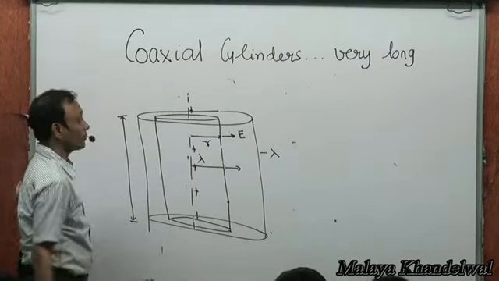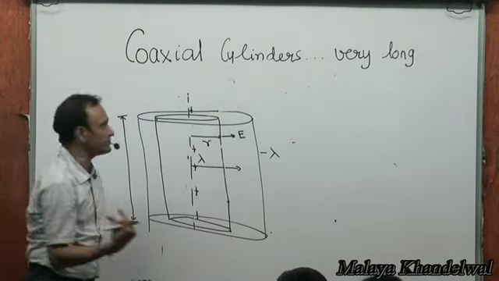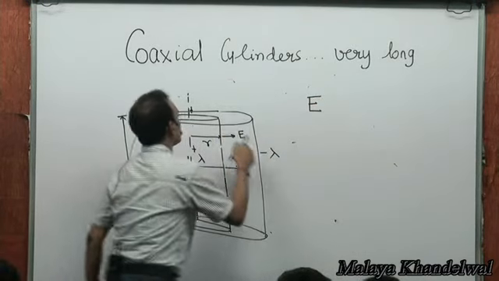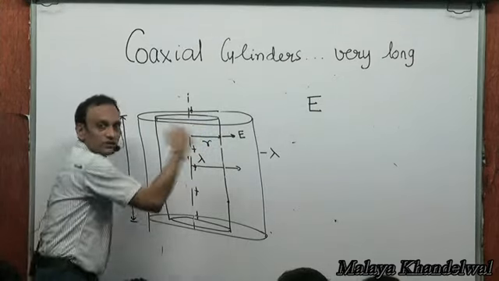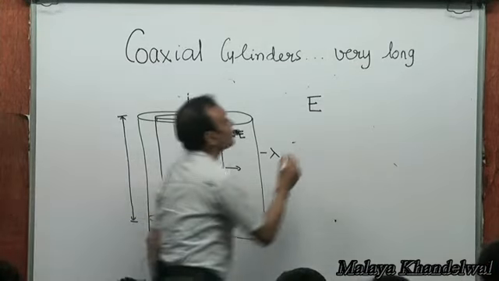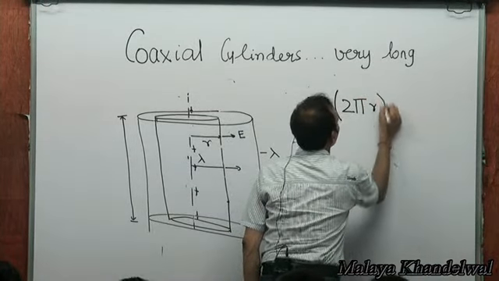Therefore, it will be in the direction of the area element at every point of the curved surface. So if E is the electric field at a distance r, then the total flux passing through this cylindrical surface of radius r is E into 2πrL, where L is 1.